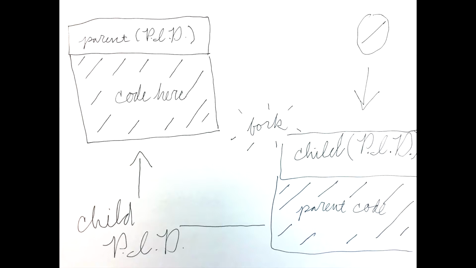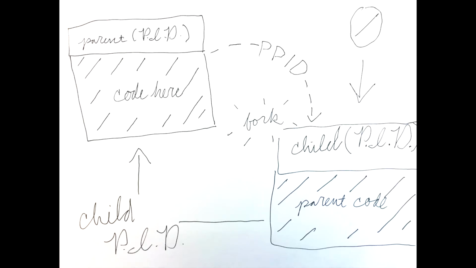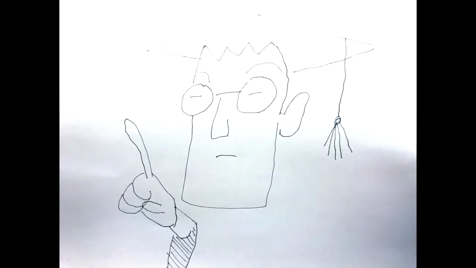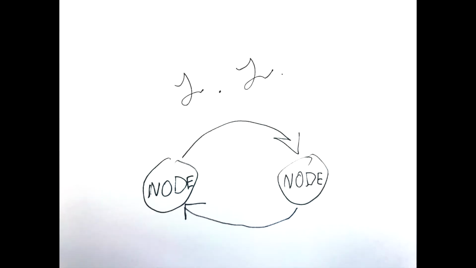The child, in turn, saves the PID of its parent process as a variable called the parent process ID. In this way, the two processes save references to each other, not unlike nodes on a doubly linked list, for all you data structures heads out there.